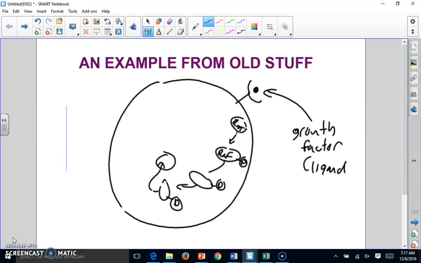This then activated a protein called RAS, which then activated another protein called RAF through phosphorylation, and then RAF activated another protein through phosphorylation, which then activated another protein through phosphorylation. The final protein that was activated, if you remember, was a transcription factor. And remember, transcription factors, we now know, turn on genes in cells.